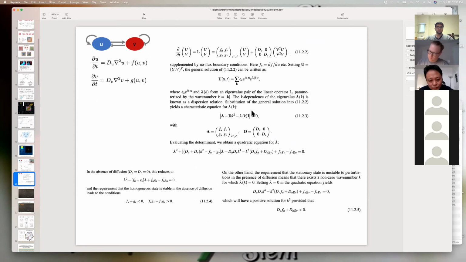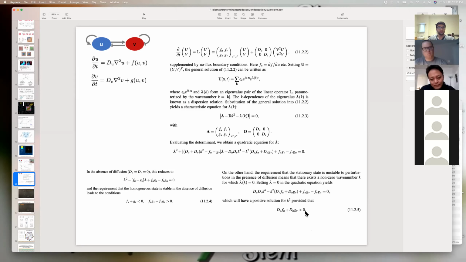Then it all comes down to this determinant being 0. If this is satisfied, you have an eigenvalue of the system, and so you're looking for a situation where when there's no diffusion you have stability, but when you have diffusion you have instability for a particular wave number, and that's the whole story.